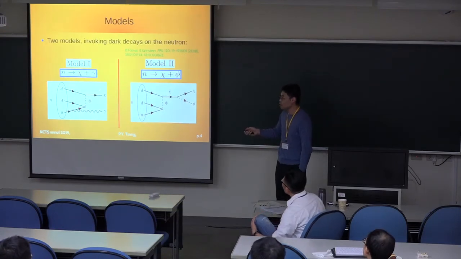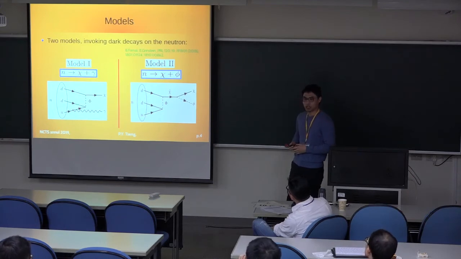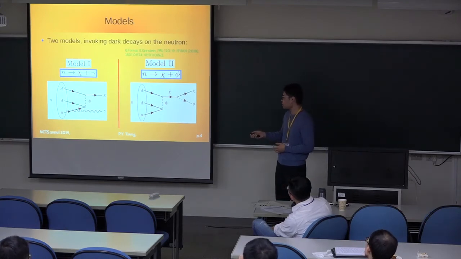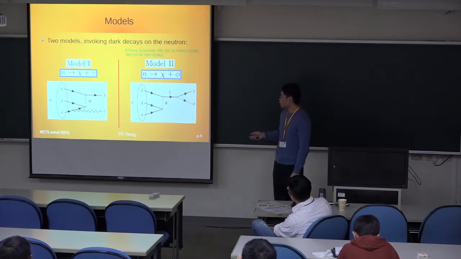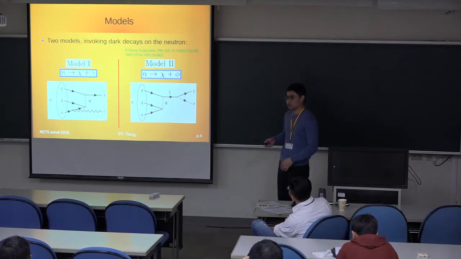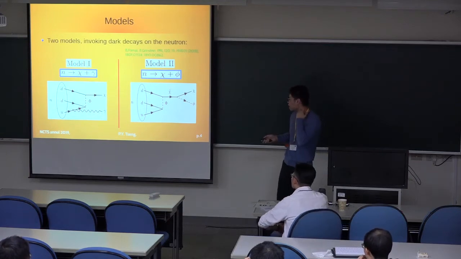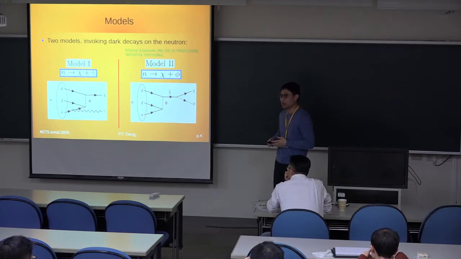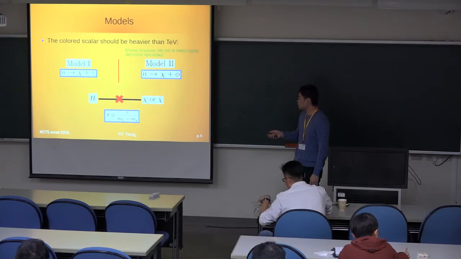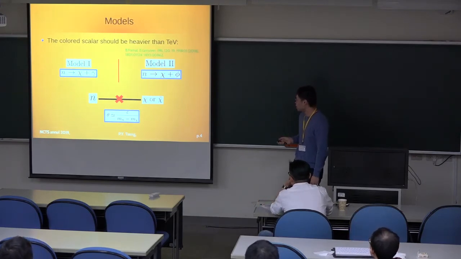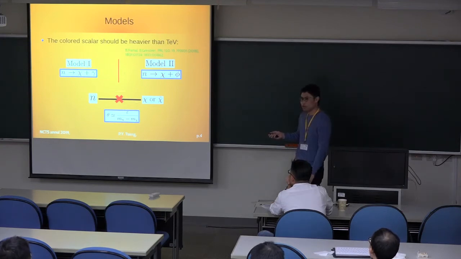Because this capital Phi carries QCD charge, it should be heavier than the TeV scale, otherwise the LHC would easily produce the capital Phi particle. Because it is heavy compared to the GeV scale, this operator can be shrunk into a point contact interaction and described by some effective interaction. So it will look like a mixing between the neutron and the chi particle, and the mixing angle should be parameterized this way.